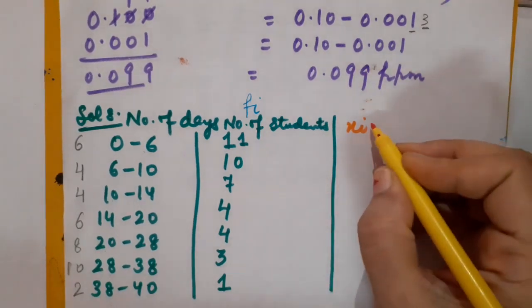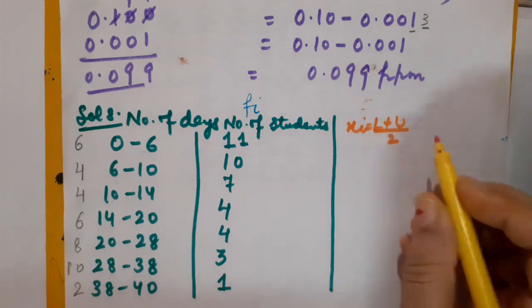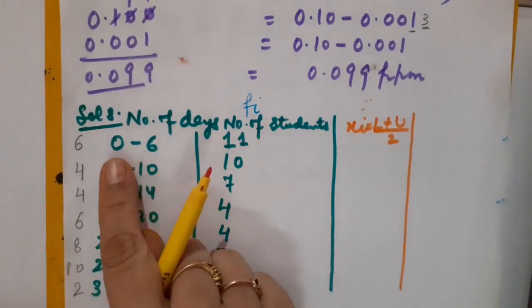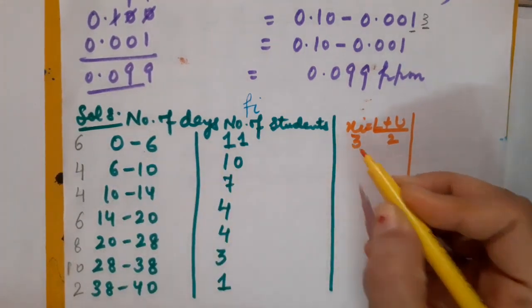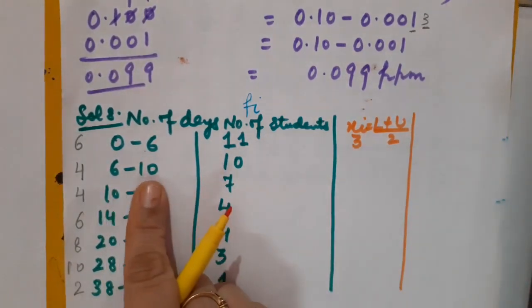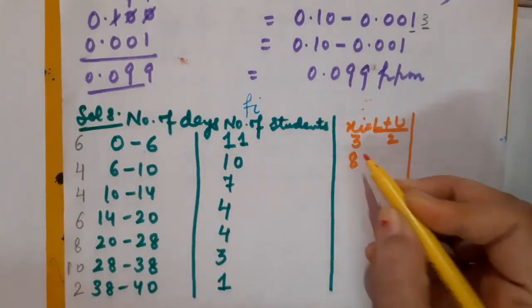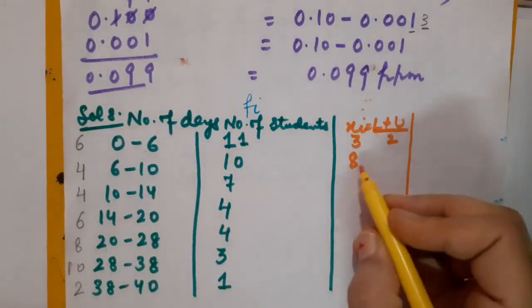Xi is what? Lower limit plus upper limit divided by 2. So let us calculate it. This is 0 plus 6 divided by 2. You will be getting 3. Then 6 plus 10, that is 16 divided by 2. You will be getting 8. Then 10 plus 14, you will be getting 24 divided by 2.